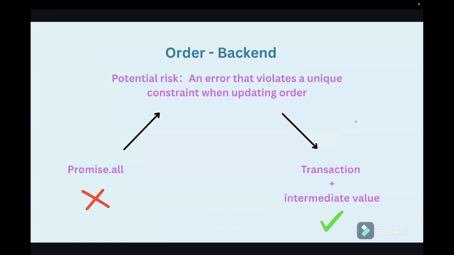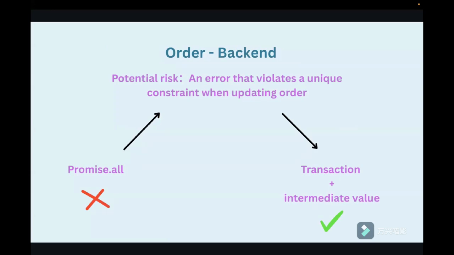Next page. On the backend side, we have created a dedicated reorder endpoint to receive the new order array. In the service layer, we use Promise.all to batch update the order field. However, there is a potential issue here.